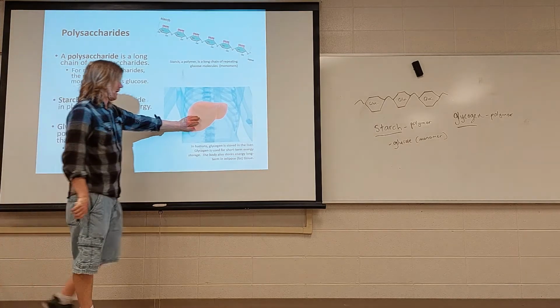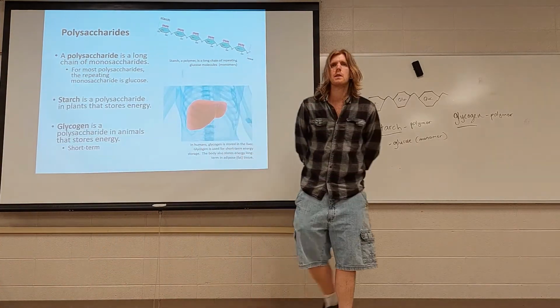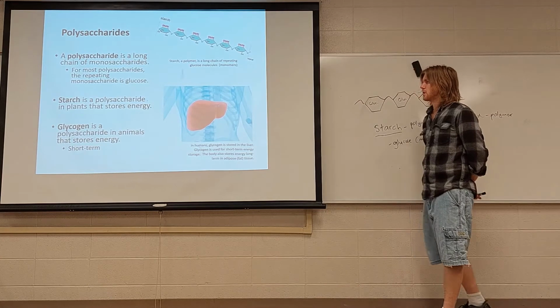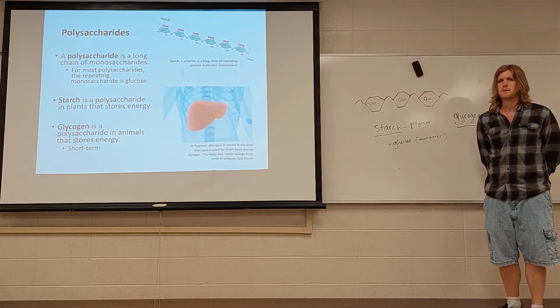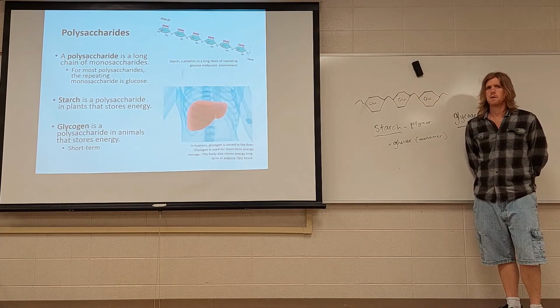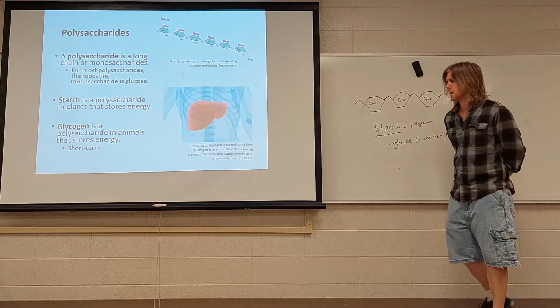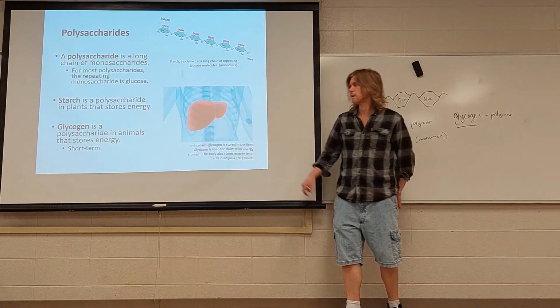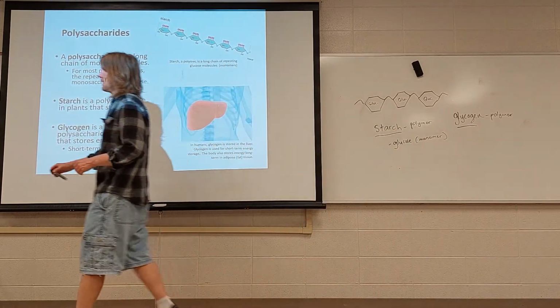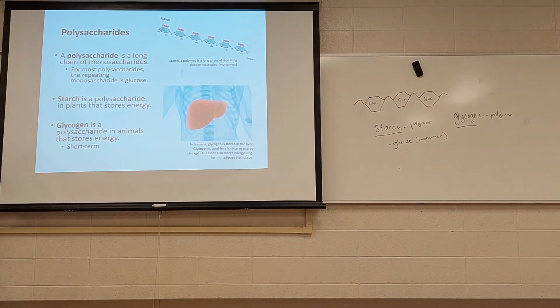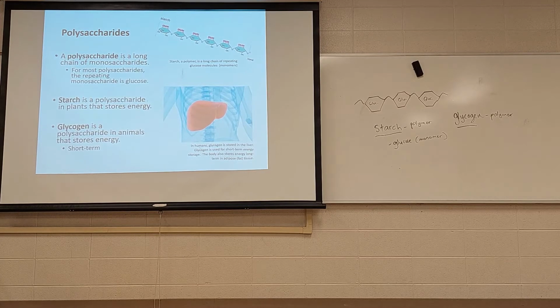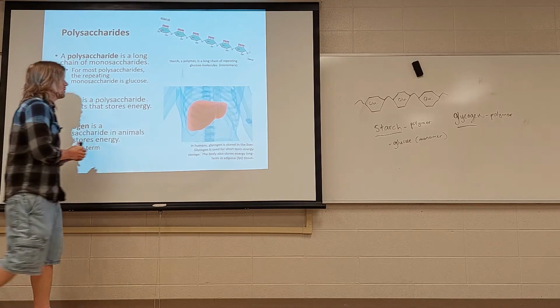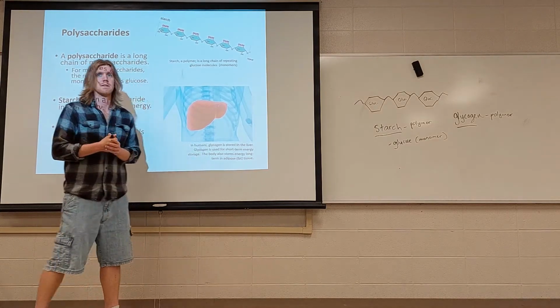So your liver and muscle cells will store glycogen, and you can access that for energy if you're doing some type of activity that requires it. Long-term, your body uses adipose or fat tissue, but for short-term access, you also use glycogen, which is a long chain of glucoses, similar to starch, but structurally different from it.